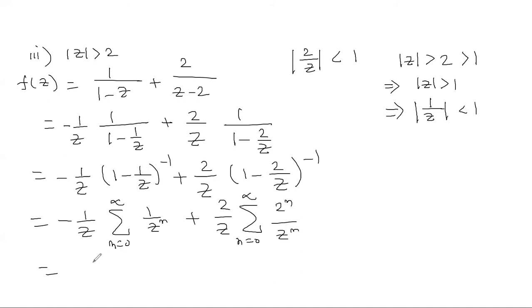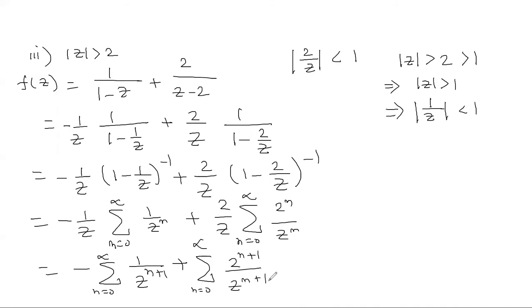So we are getting 1 by z power n plus 1 plus 2 power n plus 1 by z power n plus 1, which can be written as 2 power n plus 1 minus 1 by z power n plus 1.